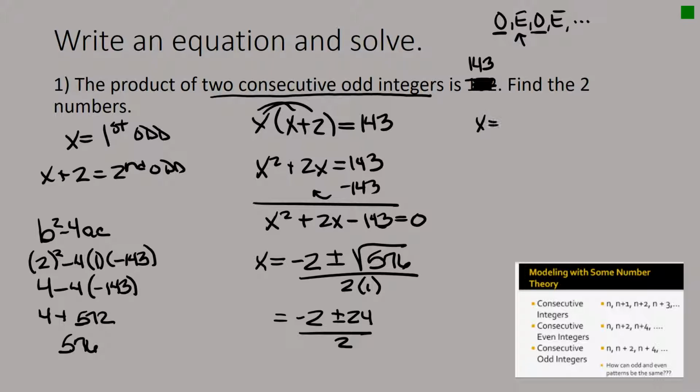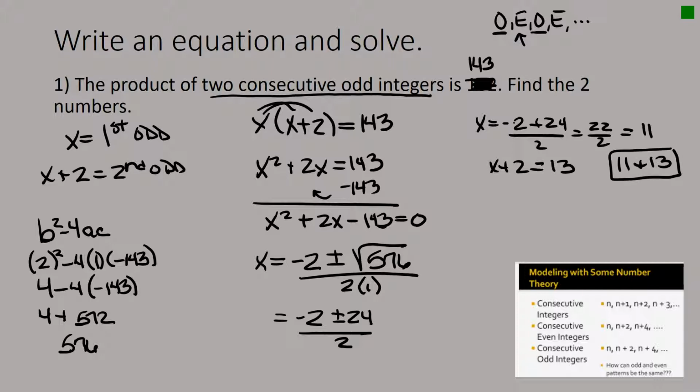So x could be negative 2 plus 24 over 2, which is 22 over 2, which is 11, which would then make x plus 2, 13. So now my numbers here would be 11 and 13. Those are two odd consecutive integers.